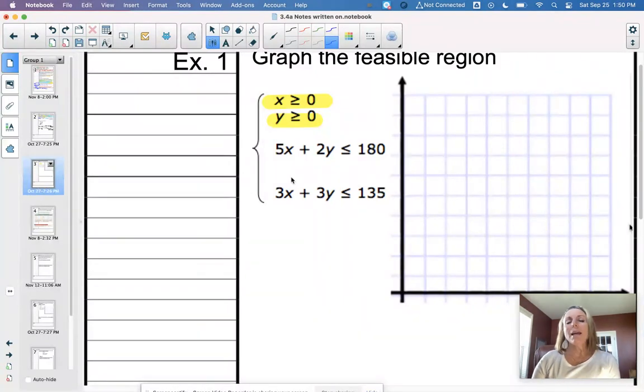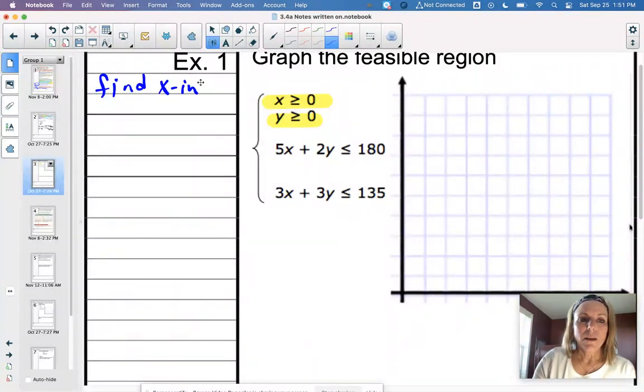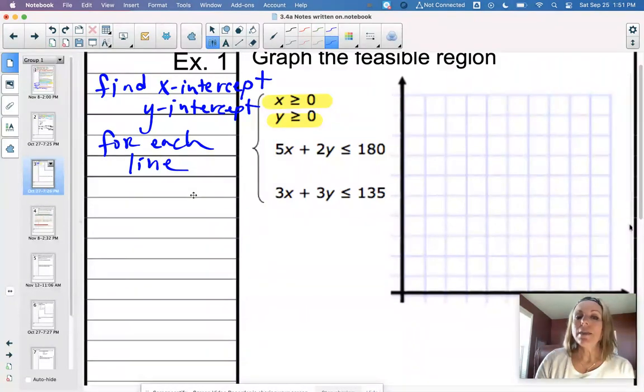So in that case, we are going to find the x-intercept and the y-intercept for each line, and then we're going to connect the dots, and we'll worry about shading when we're all done. All right, so let's do that.